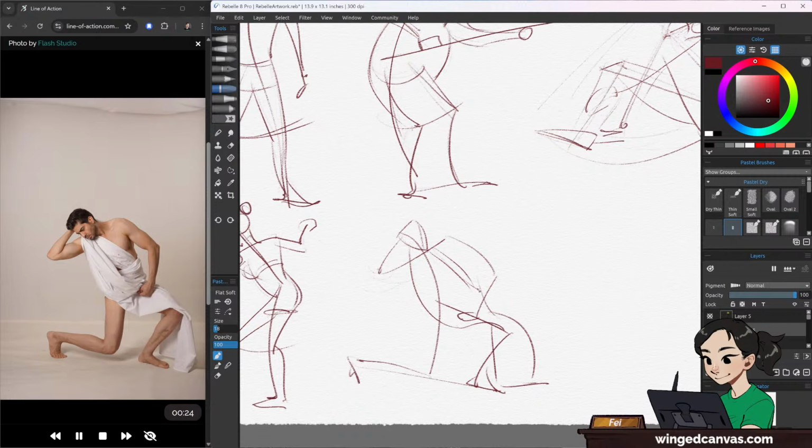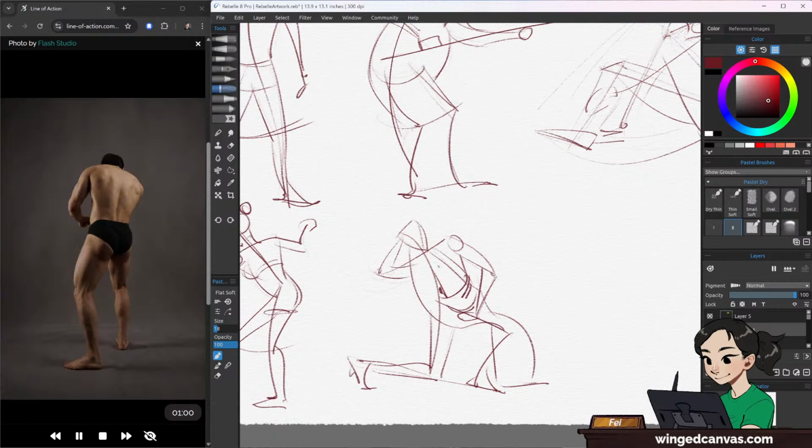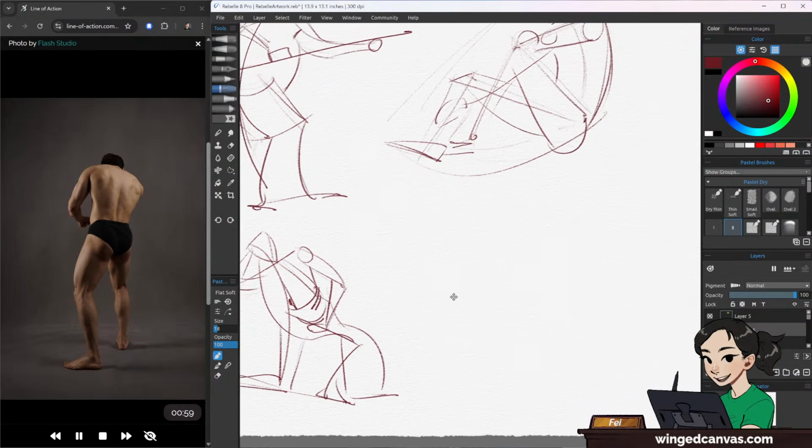So it can be helpful to draw in that cloth so that you know what's part of the fabric and what's part of the actual pose. All right, last one, and we're at 10.